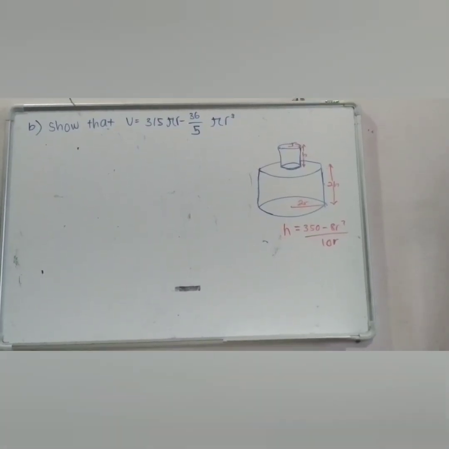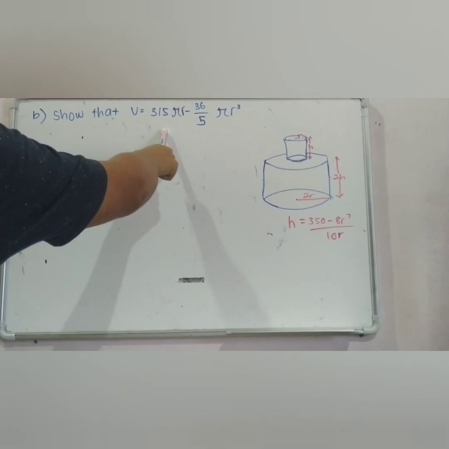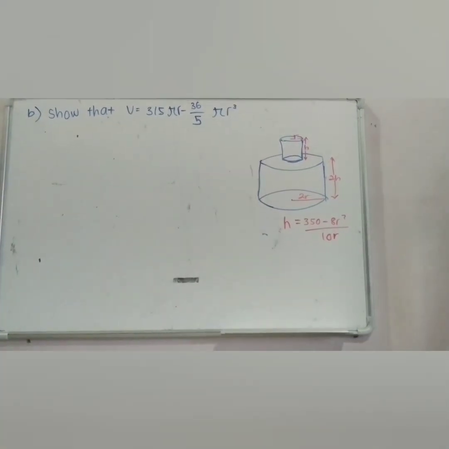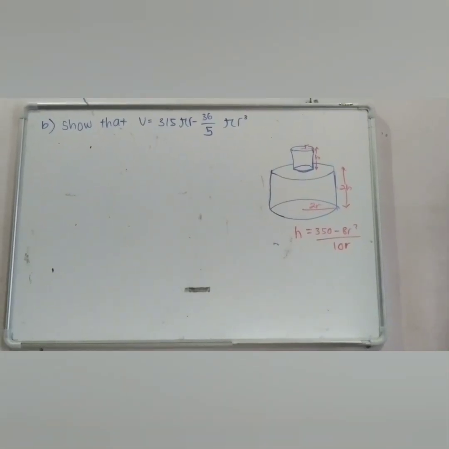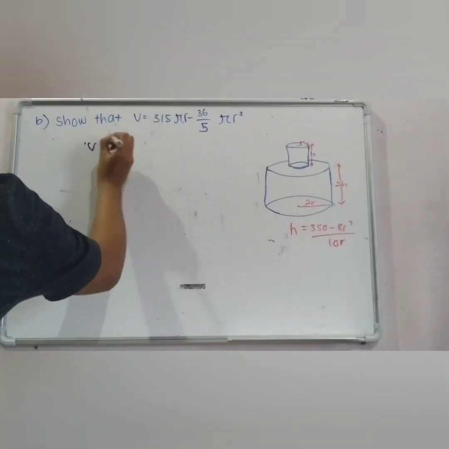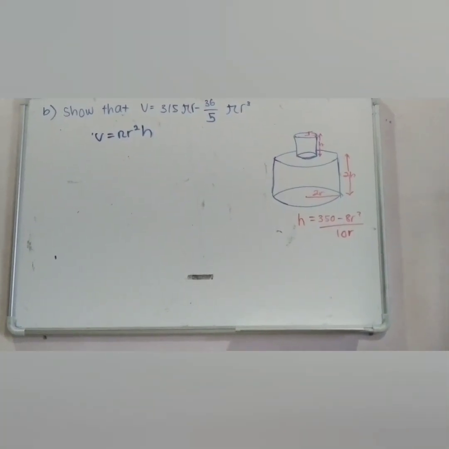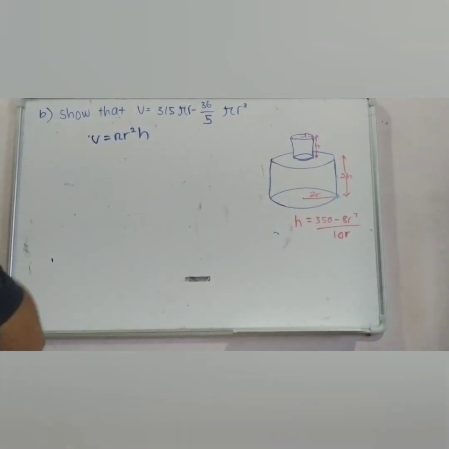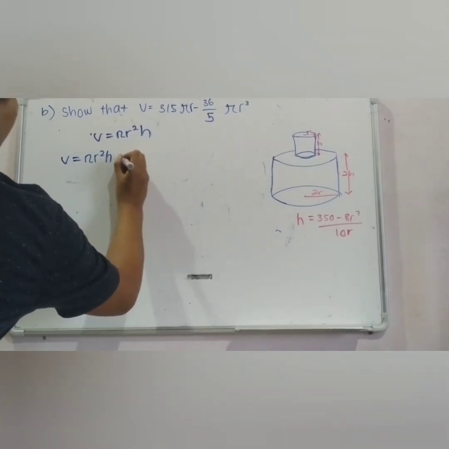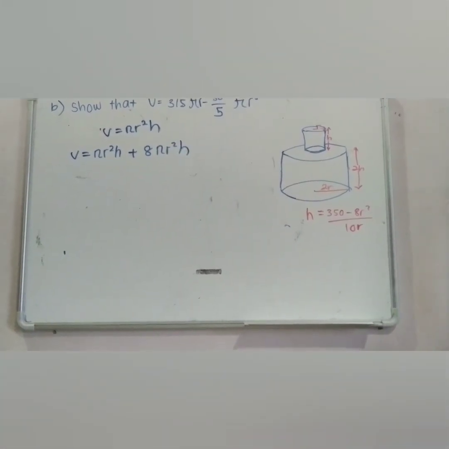Now to the B question, it asks us to show that V is equal to 315 pi r minus 36 over 5 pi r to the power of 3. First of all, we must know the formula for the volume of the cylinder. The formula is V equal to pi r squared h. But the formula for the whole diagram is V equal to pi r squared h plus pi (2r) squared (2h).